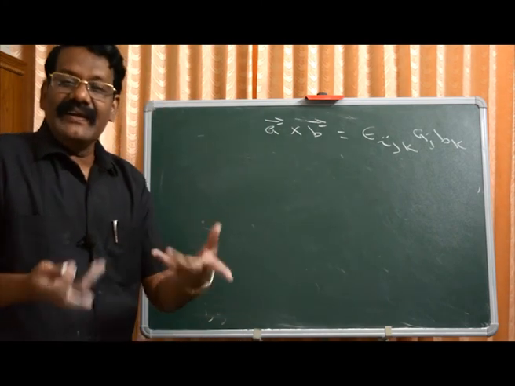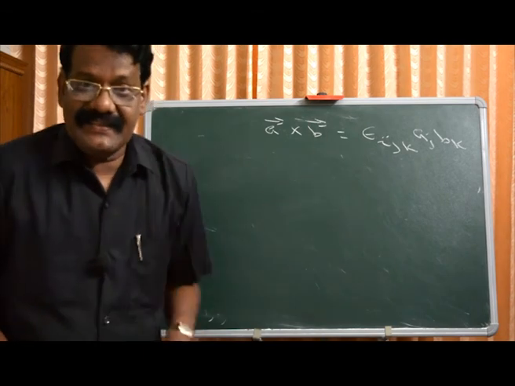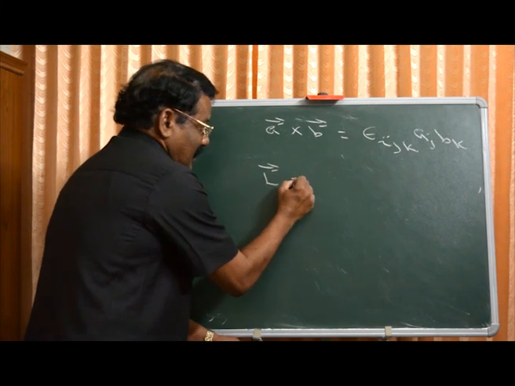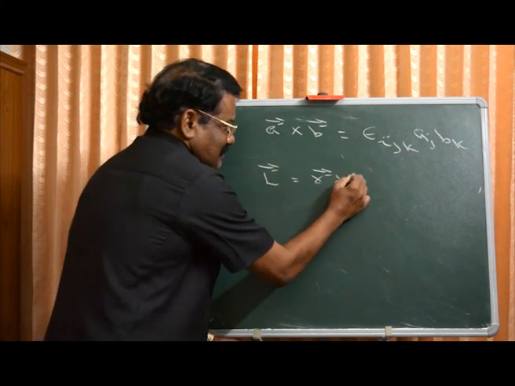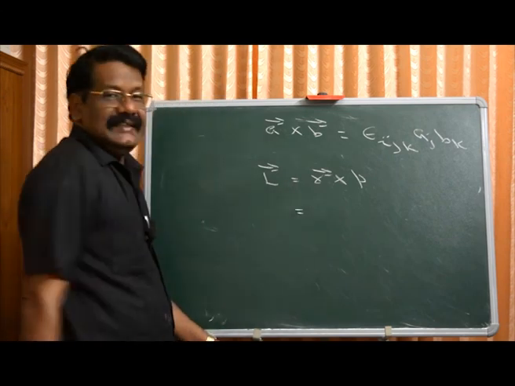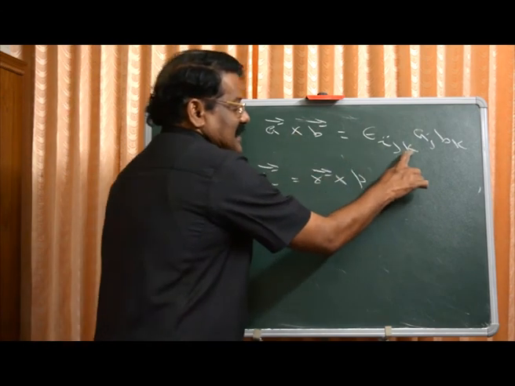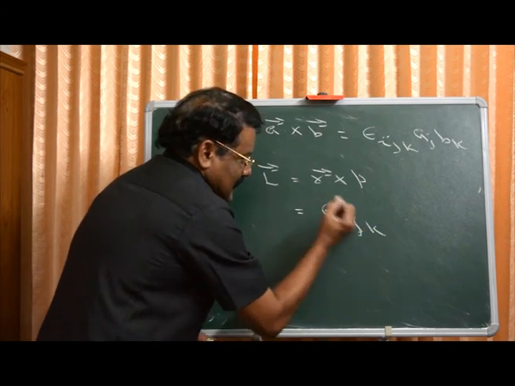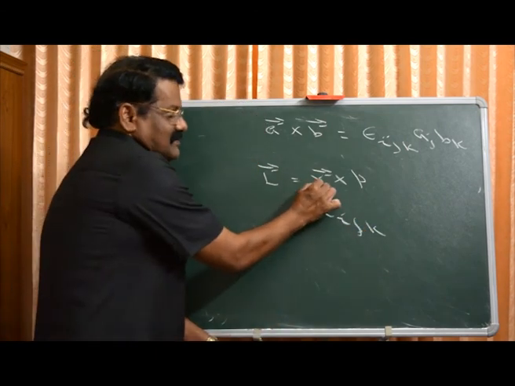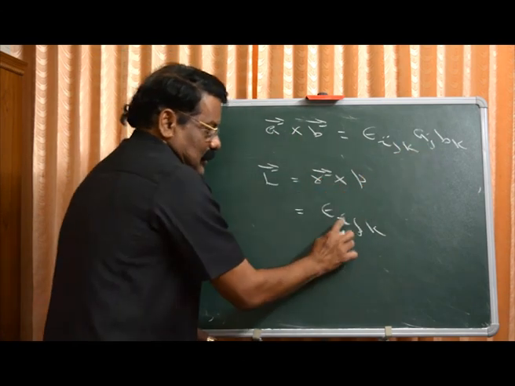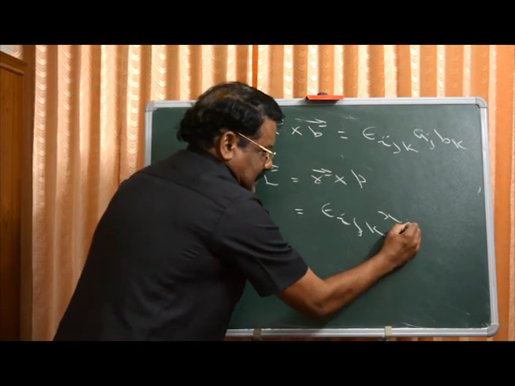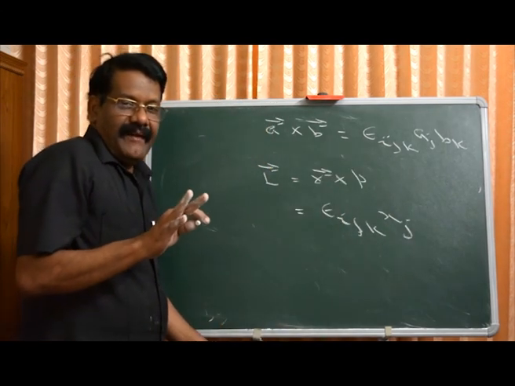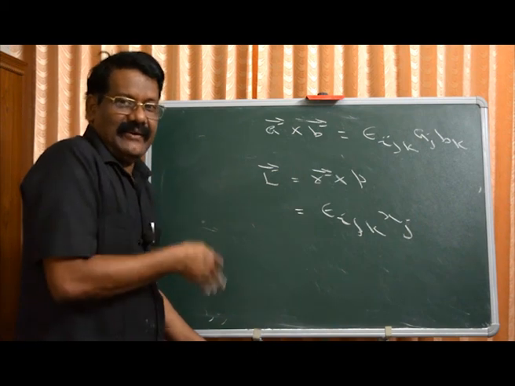Correct? Suppose I want to write down angular momentum in terms of tensors. Angular momentum L in terms of tensors. It's a very simple thing. Wherever cross comes, epsilon ijk will come into play. So epsilon ijk, R. Instead of A, I have R. R has three components, x, y, z, or in our language, x1, x2, x3.